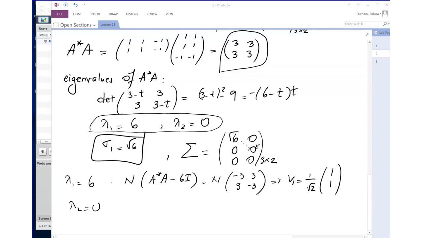The other one, you just subtract 0, so nothing, and you're going to get another one: 1, negative 1, which you again normalize.